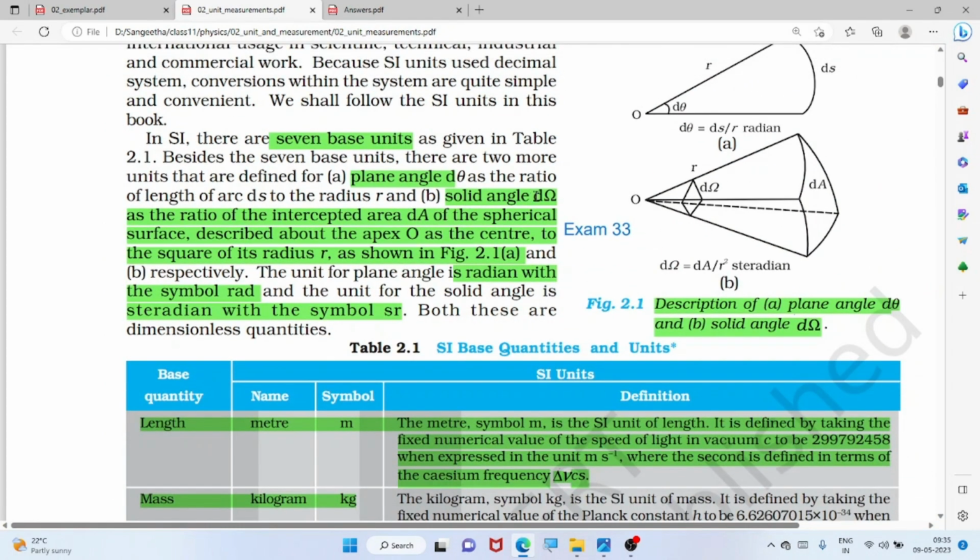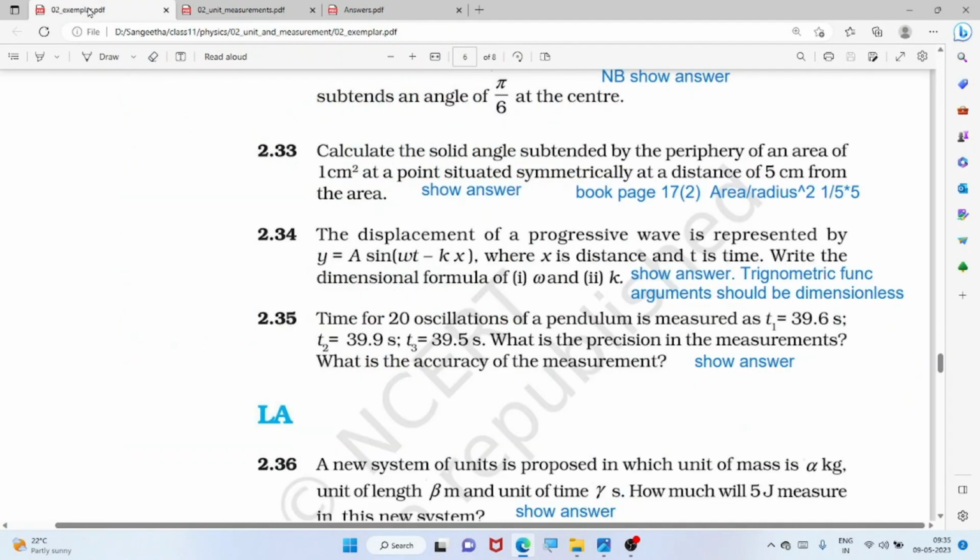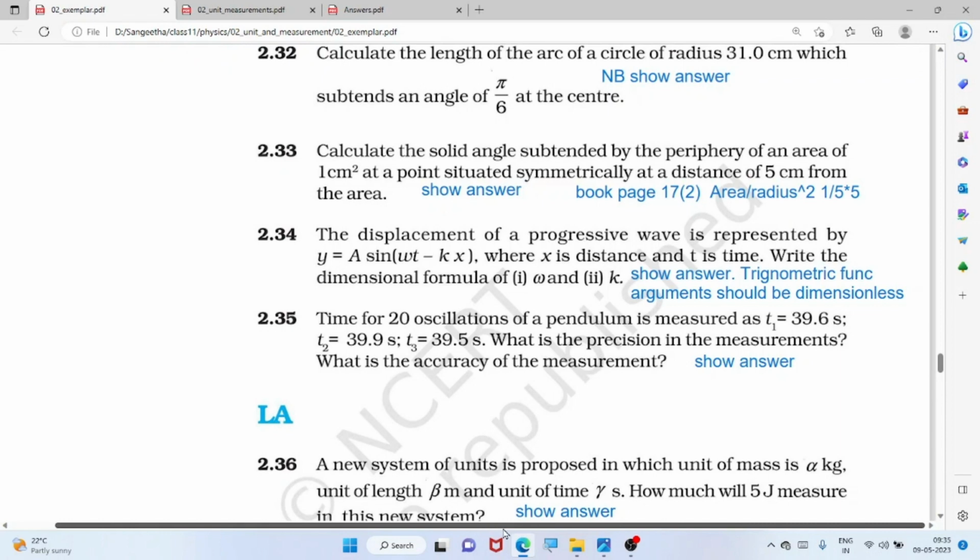Okay, solid angle here is the area divided by the square of the radius. Radius into radius, 1 divided by 5 into 5 centimeter.